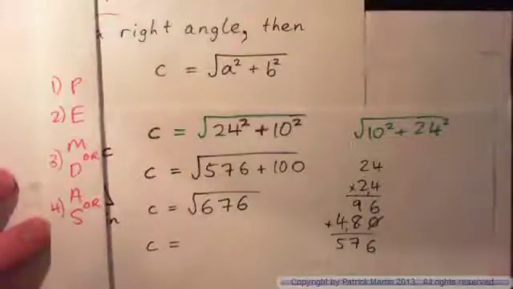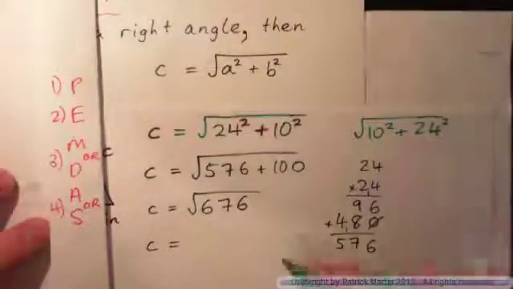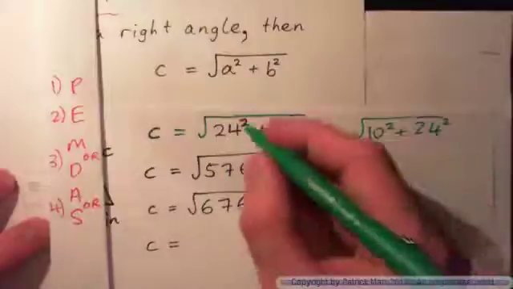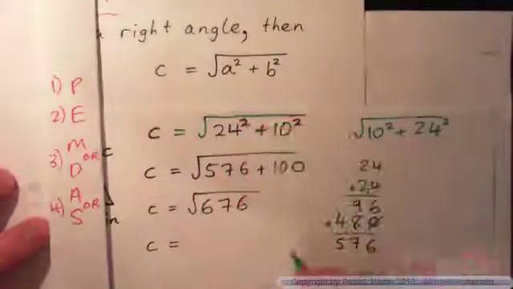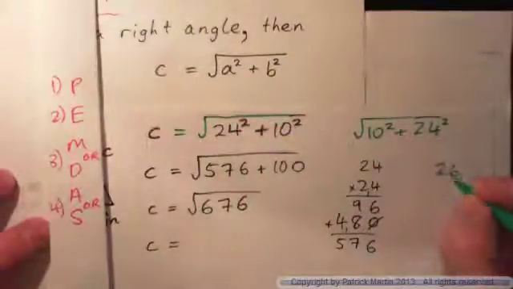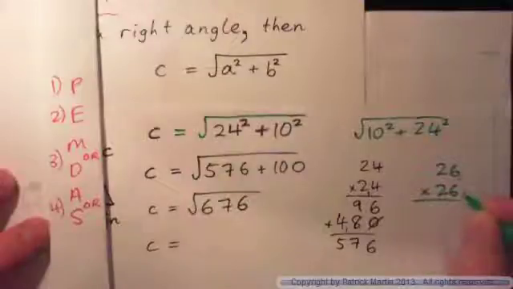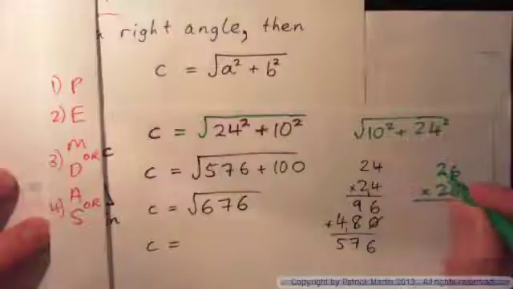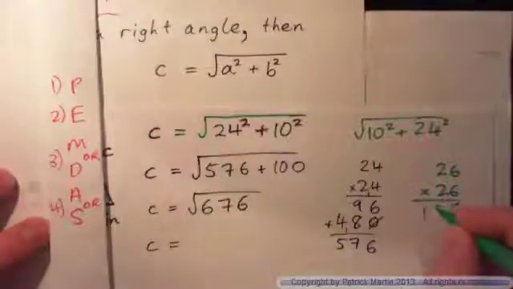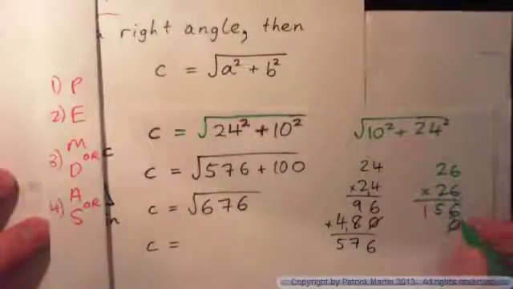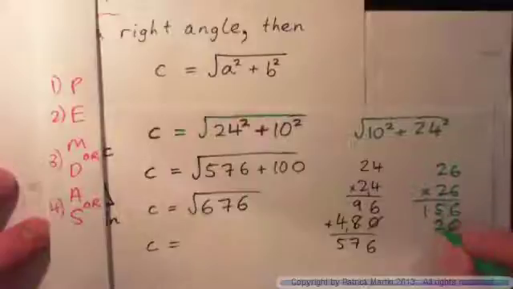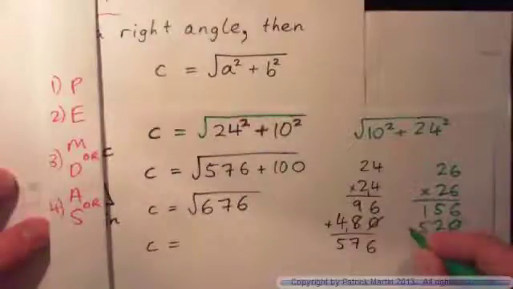You could guess it might be 25 or 26 or 27. You might guess it's a little bit more than 24. And it's actually 26 times 26 that gives that. See? 6 6s is 36, carry the 3. 2 6s is 12, and 3 is 15. Placeholder 0. 2 6s is 12, carry the 1. 2 twos is 4, 1 is 5.